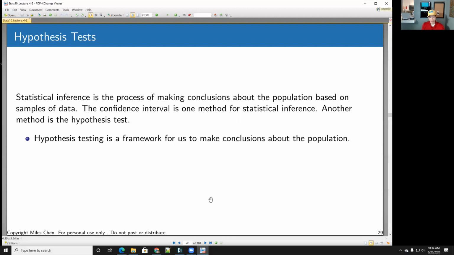Hypothesis testing is a framework for us to do statistical inference, to make conclusions about the population. We're going to learn 2 hypothesis tests in our class: the Z proportion test and the t-test for means. These are 2 of the most basic but most important hypothesis tests to cover.